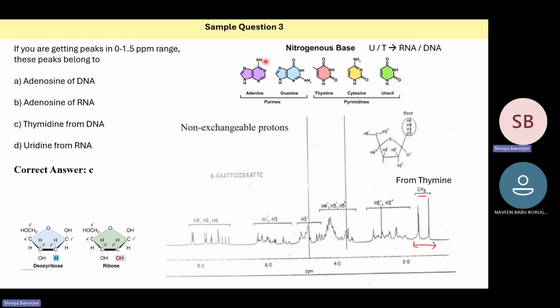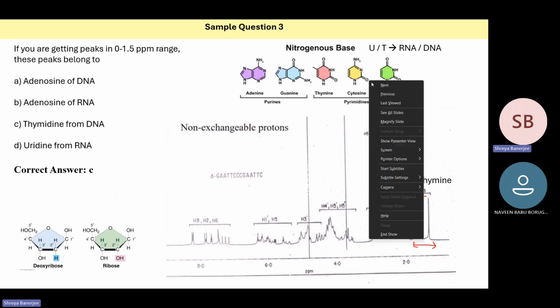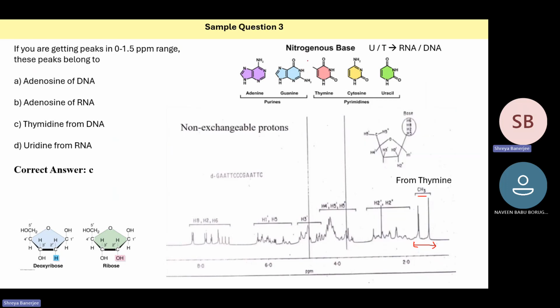And in all the nitrogenous bases, only thymine has a CH3 group. So if you are getting peaks below 2 ppm, that means they must belong to thymine because it is the only nitrogenous base that has a CH3 group. So the correct answer is C, that is thymidine from DNA.